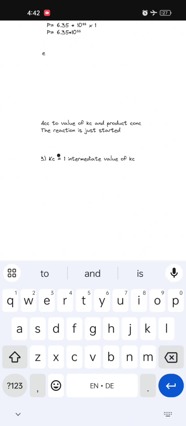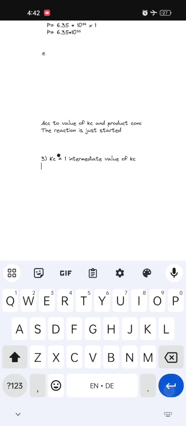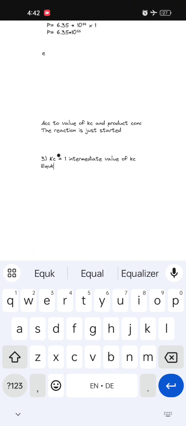If in the third possibility the value of Kc is equal to 1, this means the reaction will neither go forward nor reverse; neither the forward reaction nor the backward reaction will occur. If the value of Kc is equal to 1, it means the equilibrium state has been achieved. So this was all about today. The next application we'll discuss in another video.